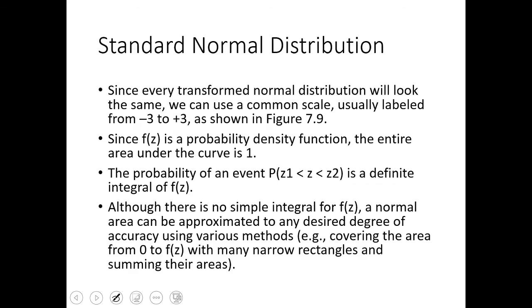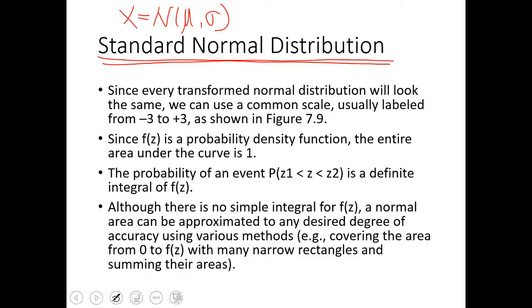Okay. So then we study the standard normal distribution. And if you have an arbitrarily selected normal distribution with mu and sigma, so if x is a normal distribution with parameters mu and sigma, and z is the standard normal distribution, then the general normal distribution is given by mu plus sigma z.